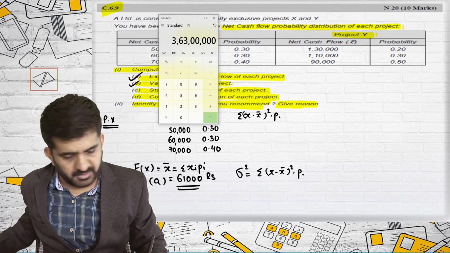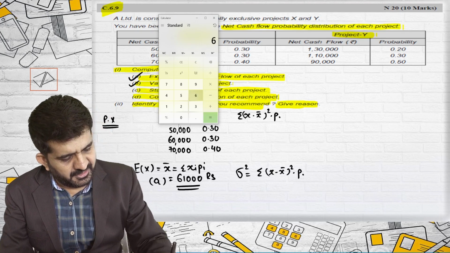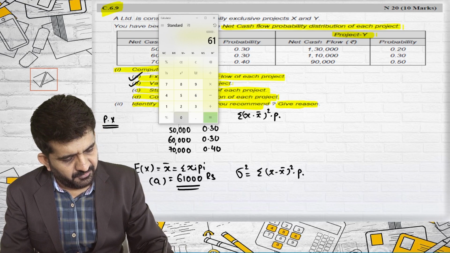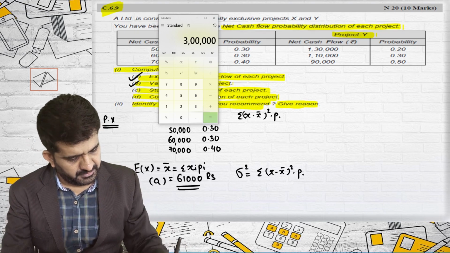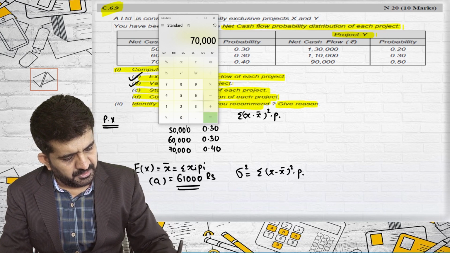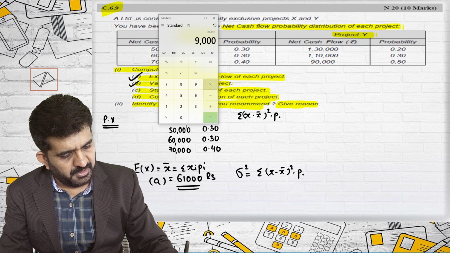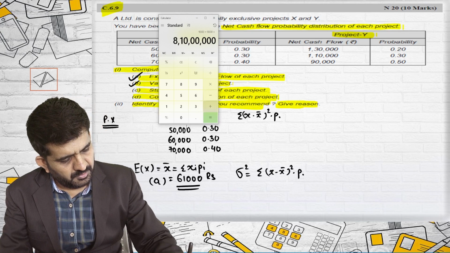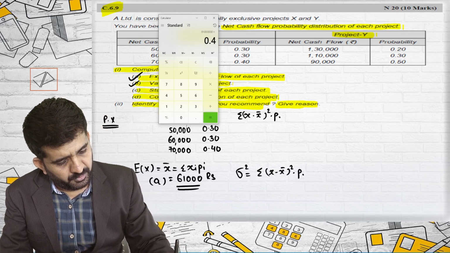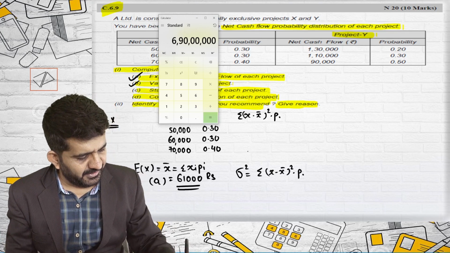It is coming a huge answer, yes. 60,000 minus 61,000, squared, multiplied by 0.30, plus. 70,000 minus 61,000, squared, multiplied by 0.4, plus. The result is 6 crore 90 lakhs.